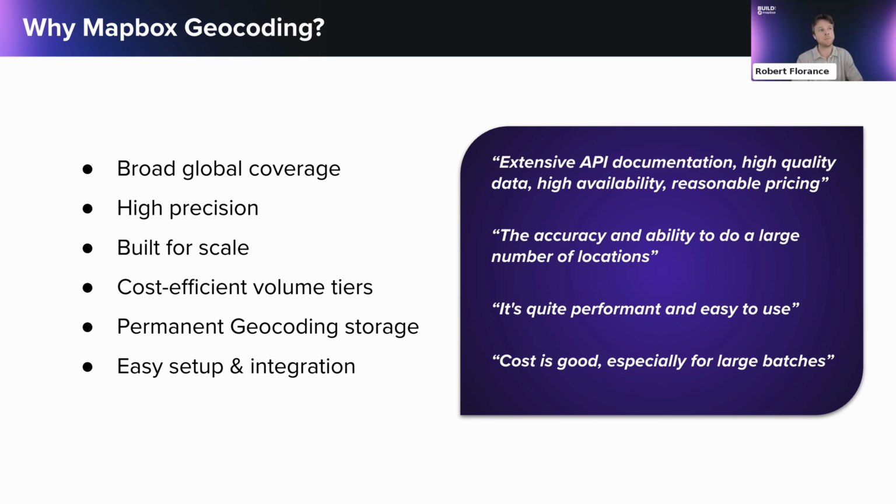So if the user signs up to your platform and you want to make hundreds of deliveries to them over the next year or more, you only ever have to geocode that against us one time. You don't have to send us a geocode every time you make a delivery. And our documentation and ease of integration is really excellent. We see a lot of feedback about how easy it is to get set up on geocoding.